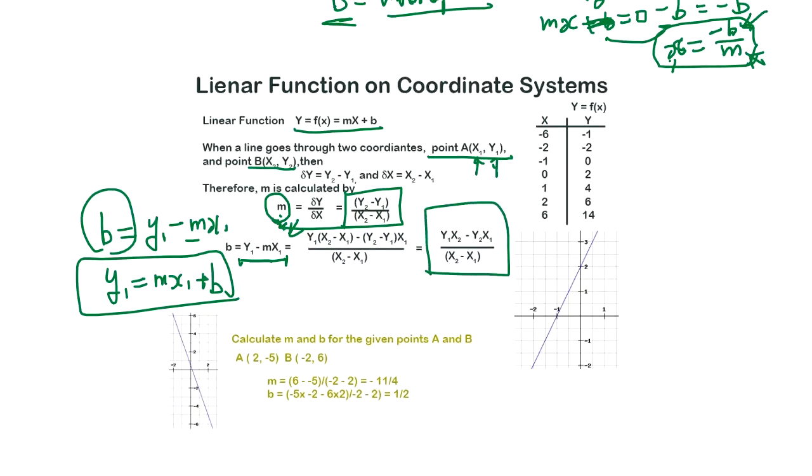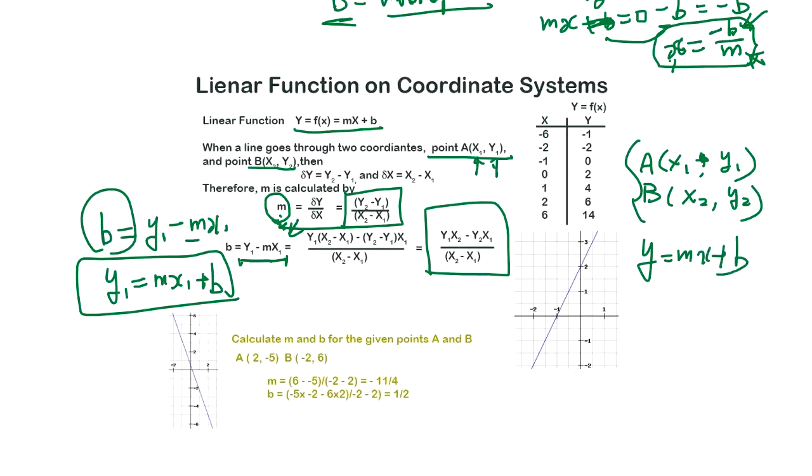So with the information that two coordinates are given, x1, y1, and another point x2, y2, two points are given, the line that goes through these two points, the linear equation is going to be y equals mx plus b, and m is given by this, and the b is given by this.